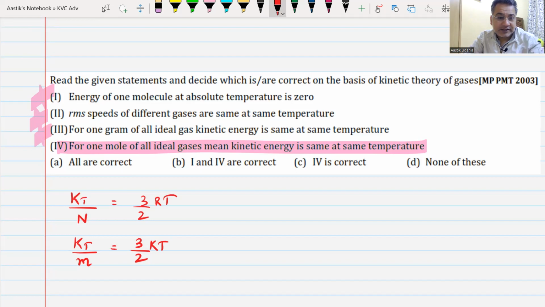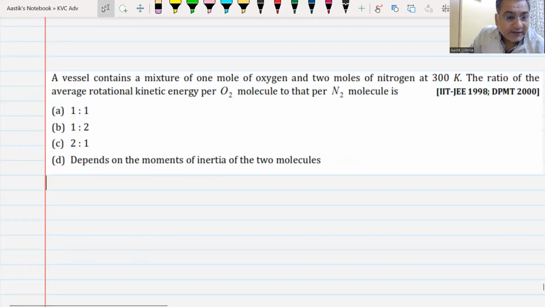Next one. A vessel contains a mixture of 1 mole of oxygen and 2 moles of nitrogen at 300 Kelvin. The ratio of average rotational kinetic energy, we have not done this, so I will change this question from average rotational to simply average kinetic energy.